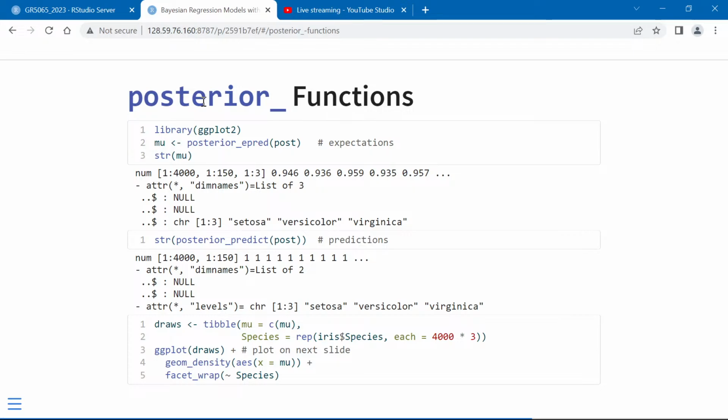So in this case, it's going to produce an array, 4,000 draws on each of 150 observations. There's 150 observations on different irises in the iris data set, and 3 levels of species of iris. And we get the posterior expectation of each of them.